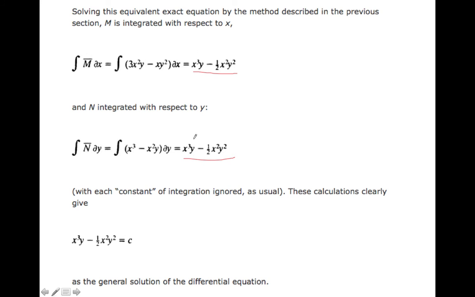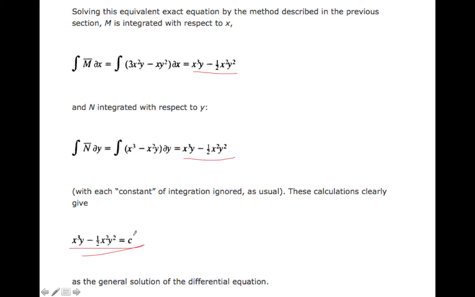And notice that they're exactly the same. So either one of these functions would suffice as a general solution. I take each factor and represent it once to get my general solution, setting that equal to a constant c.